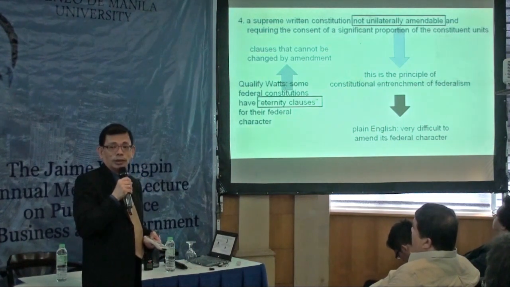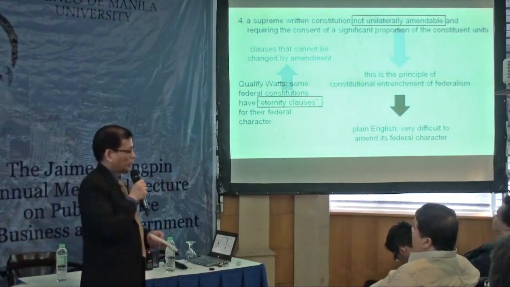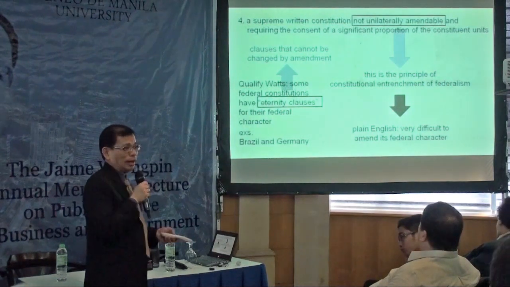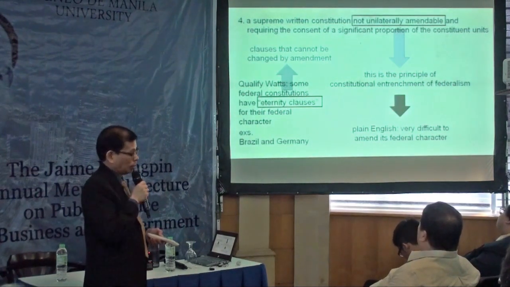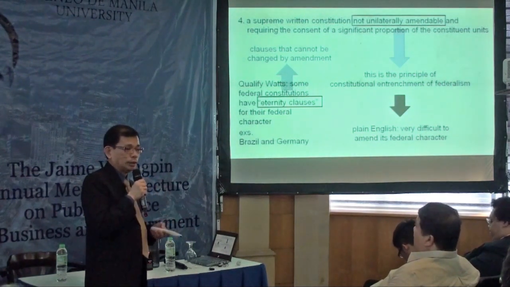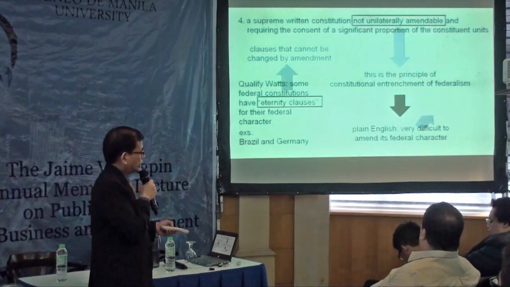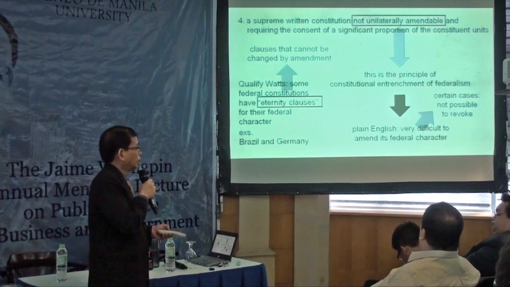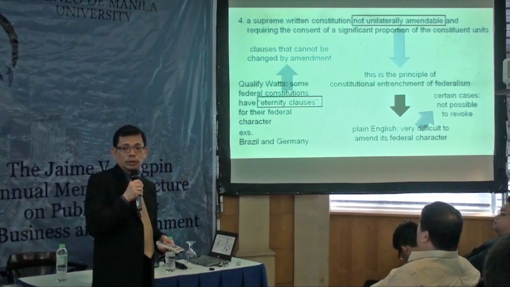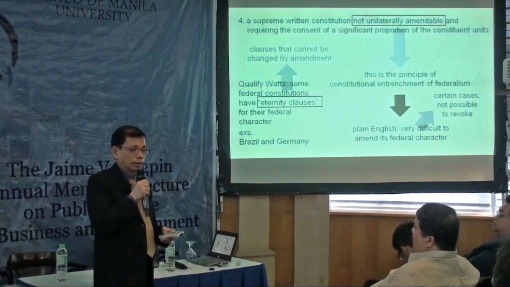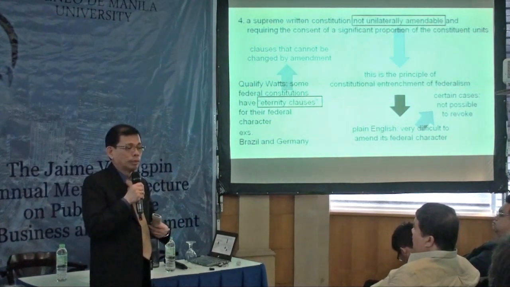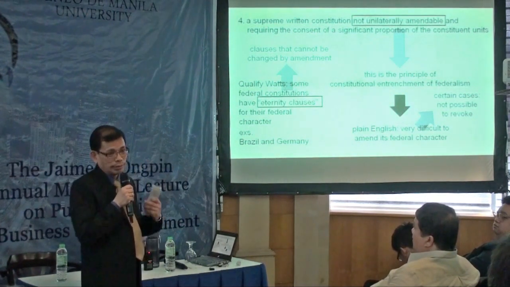There is forever in federalism. For example, Brazil and Germany have clauses wherein you could not change their federal character. So we have to modify this: not just simply very difficult, but in certain cases not possible to revoke. This is very important for us to understand, and I will emphasize this later once we discuss institutional design.